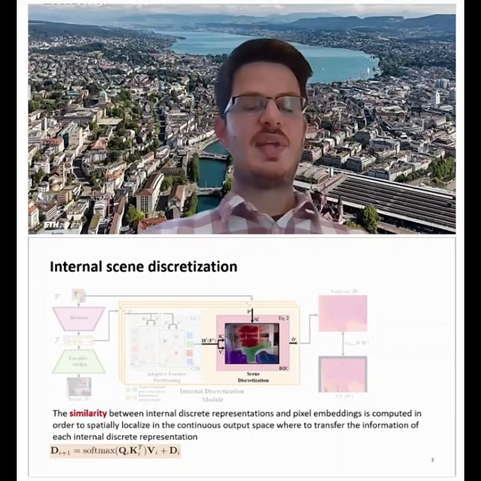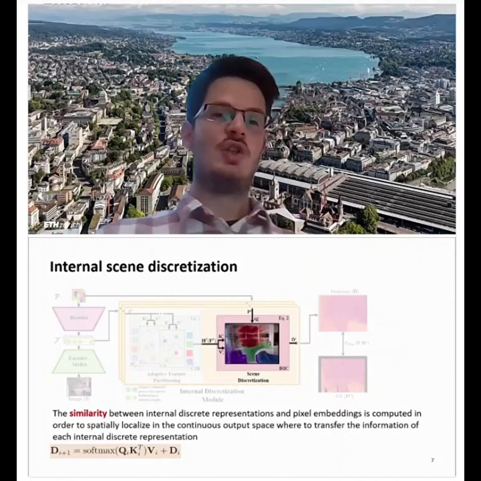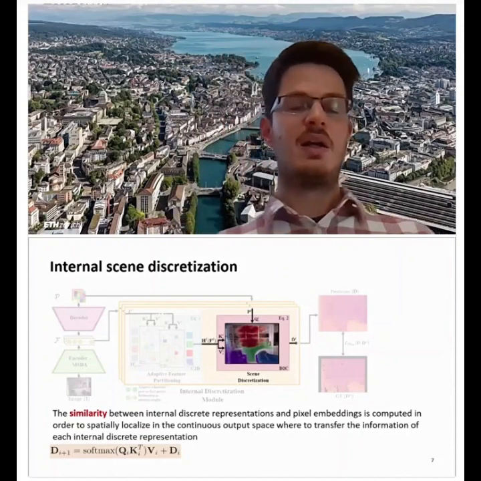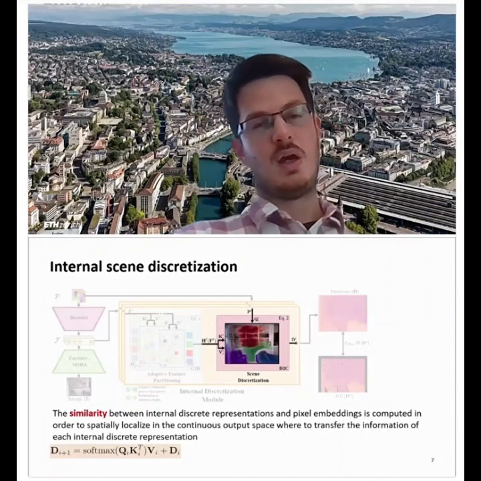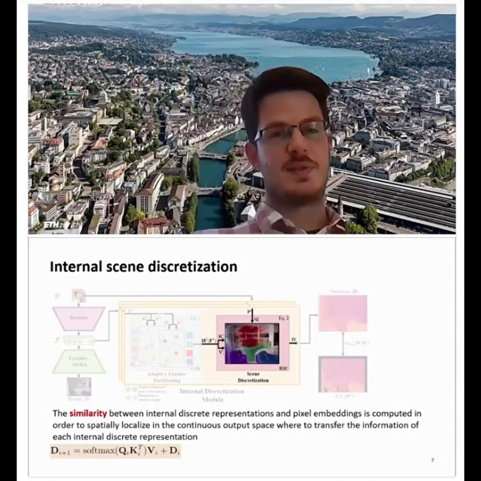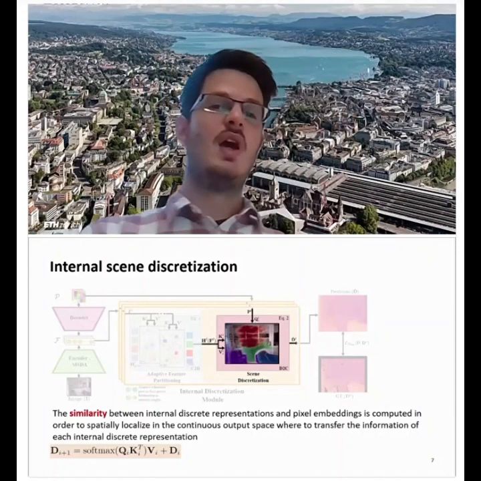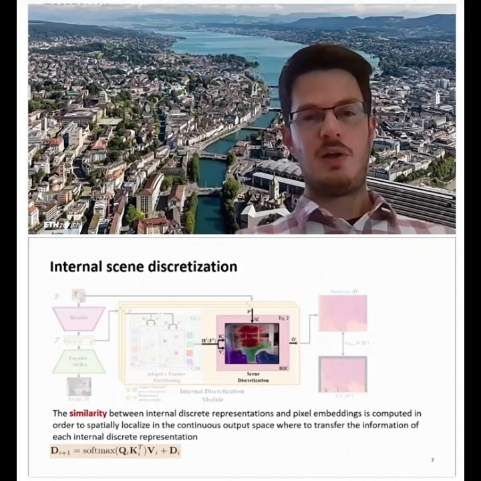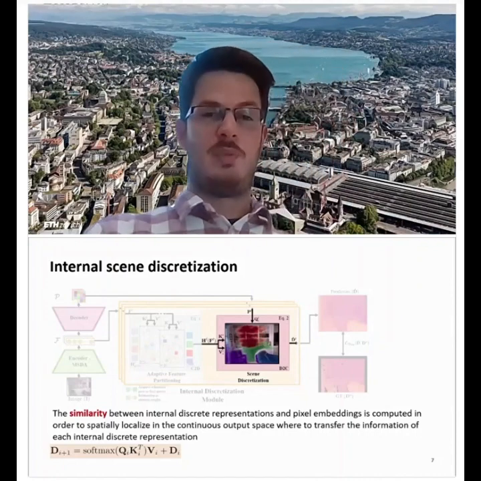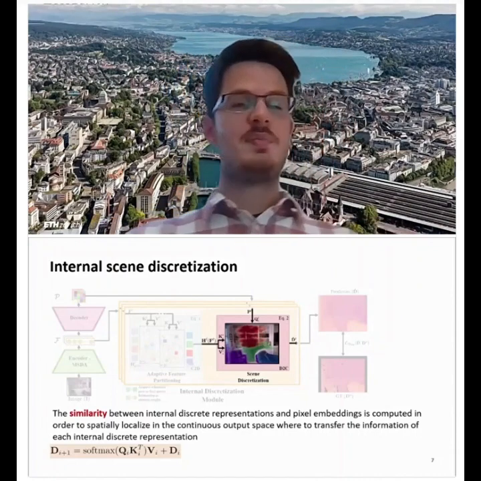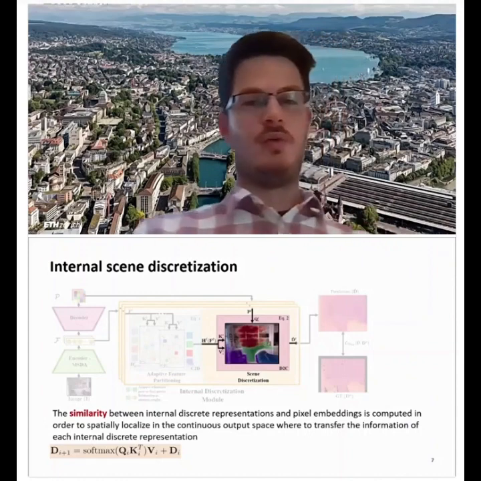And then the second module is the internal scene discretization, which brings it back to the continuous space from the internal discrete representations that we have obtained. This module takes the learned internal discrete representations from the adaptive feature partitioning part, and it computes their similarity, via again a normal attention operation, to the dense pixel level embeddings that are output by the standard decoder of the network.